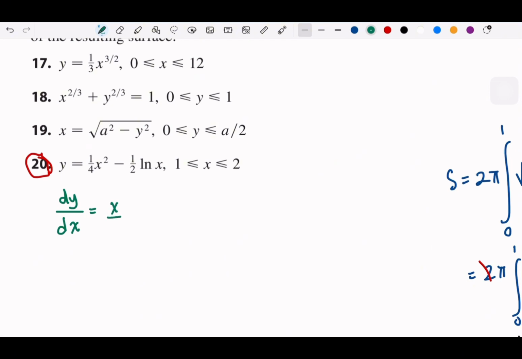So this will be x over 2. And ln x derived becomes, anyone still remember? Yes, 1 over x. So this will be negative 1 over 2x. Okay? Now again, we have to square this part.